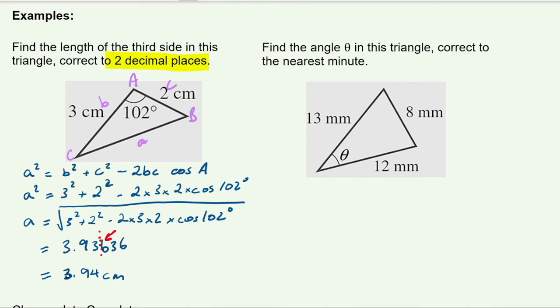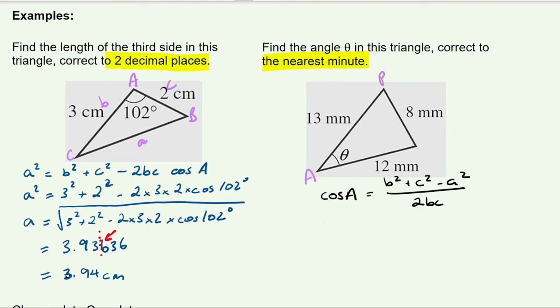The next one is looking for an unknown angle this time, so we're going to use our other formula. And this one's going to be to the nearest minute. So for this one, we're going to use the cos A equals b squared plus c squared minus a squared all over 2bc version of the formula. So you can see we've got a version to find the side length and the version to find the angle. Let's chuck in some sides now.